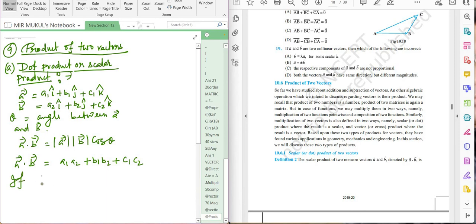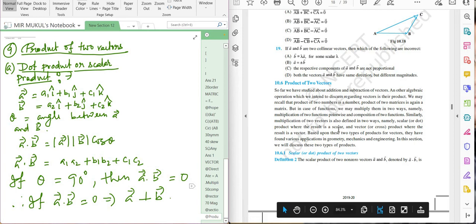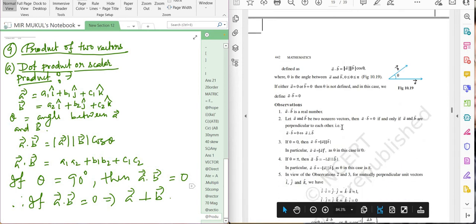If theta equals 90 degrees, then A dot B will be 0. Therefore, if A dot B equals 0, vector A is perpendicular to vector B. This is the dot product or scalar product.